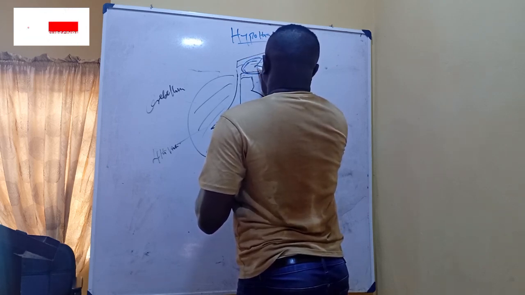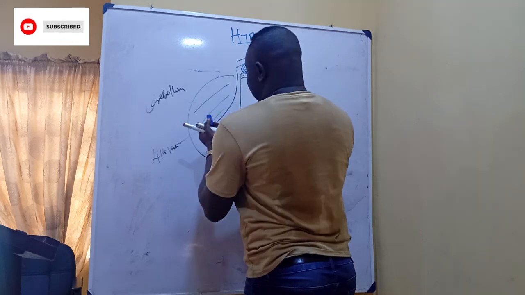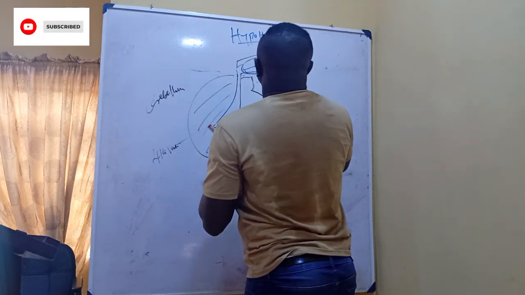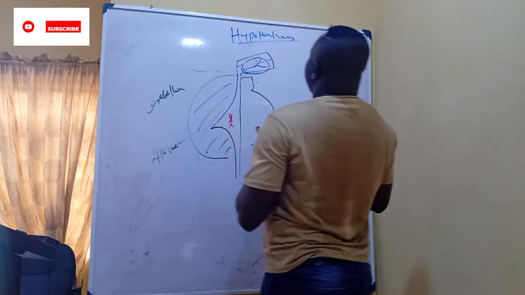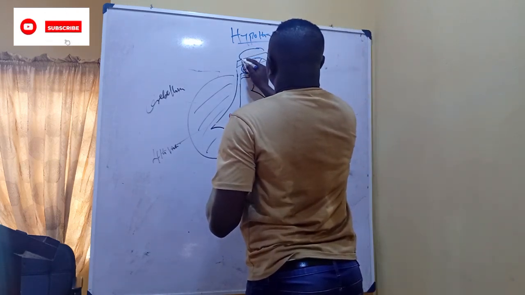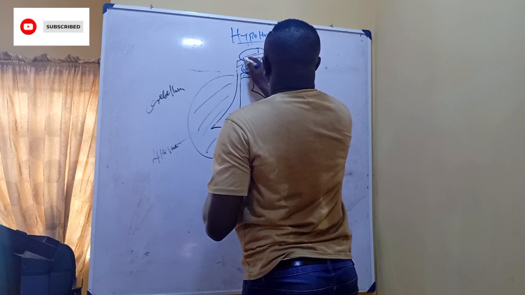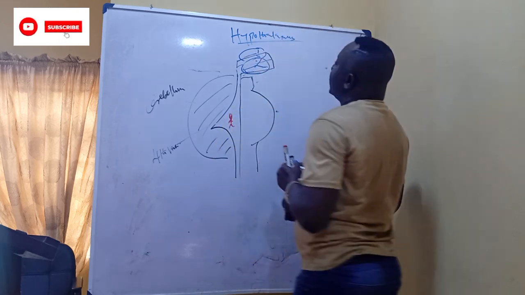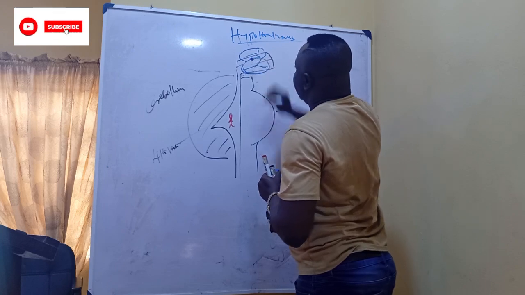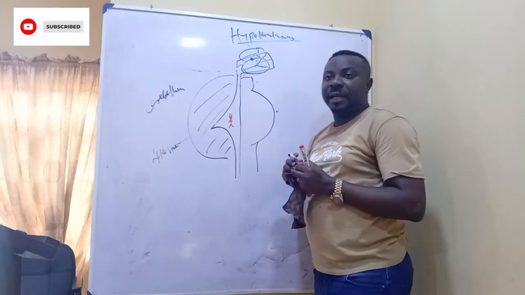Of course, the thalamus has the internal medullary lamina. Now, we have another one here, making it two. And then there's a connection between the two thalami.